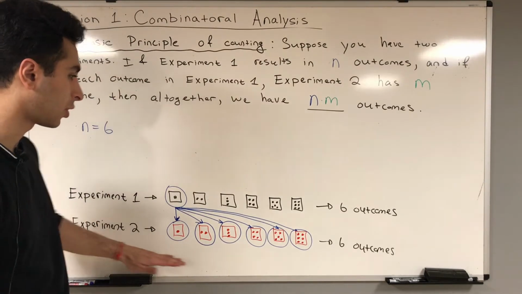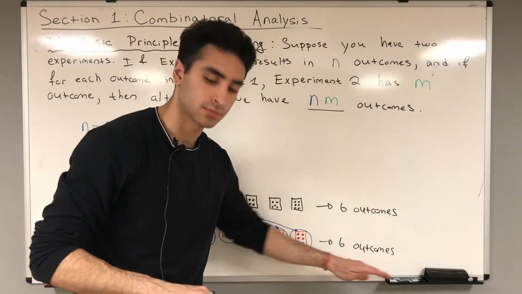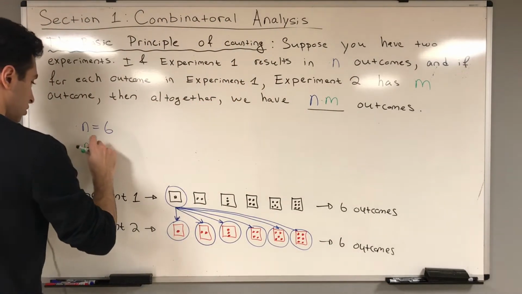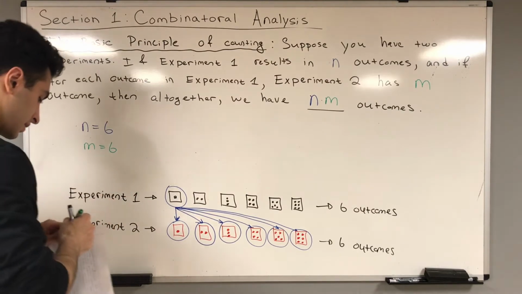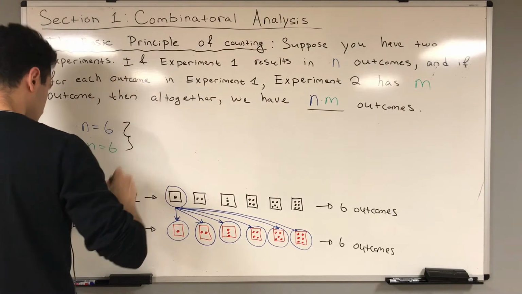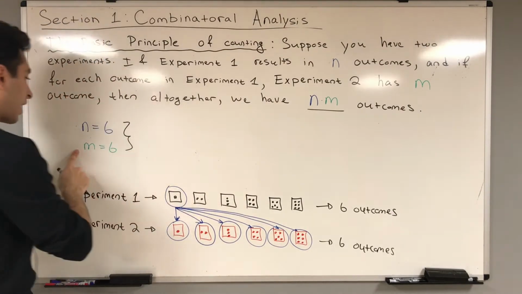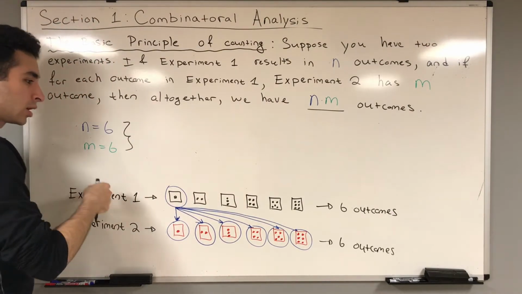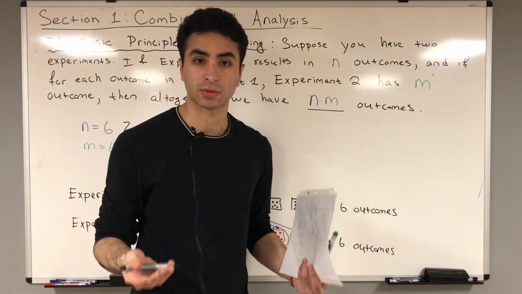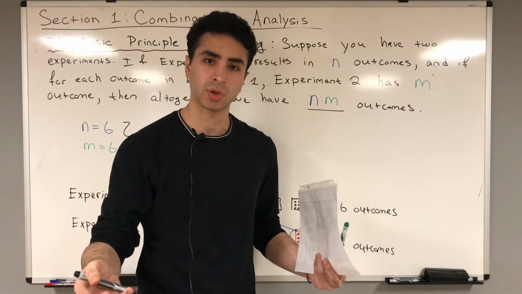Experiment 2 also had 6 outcomes. So in this case, m is 6. And the basic principle of counting says that we have to multiply n by m to find out how many total outcomes are possible given the 2 experiments.